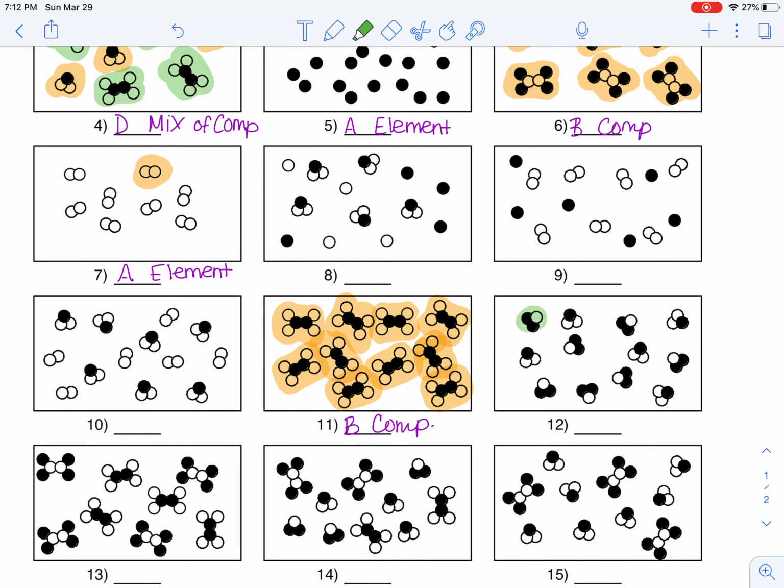Here, if I look at this, I have 1 white, 2 black. And I also have 1 black, 2 white. So I have a bunch of different compounds in here. So that again is a mixture of compounds.